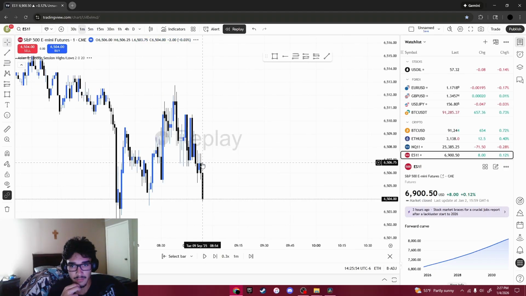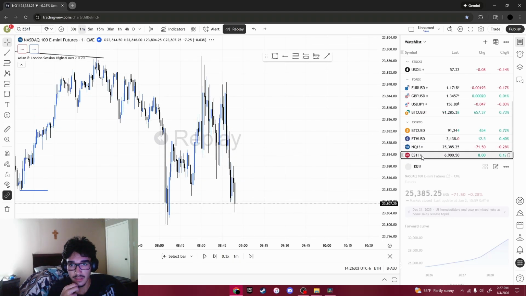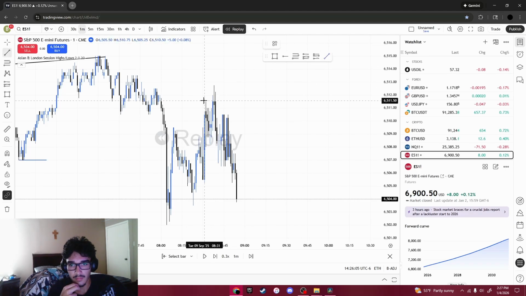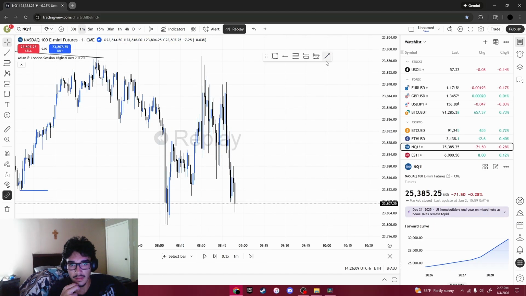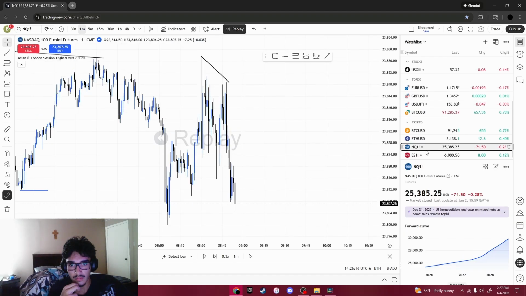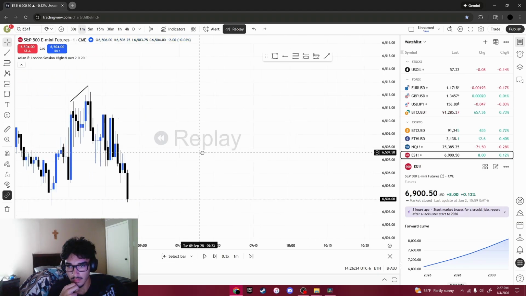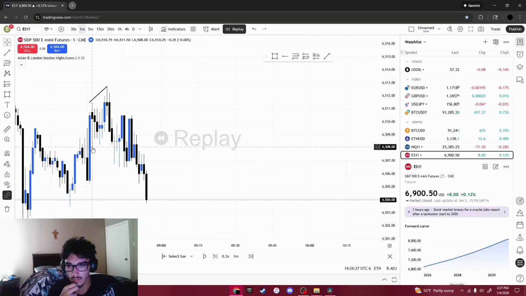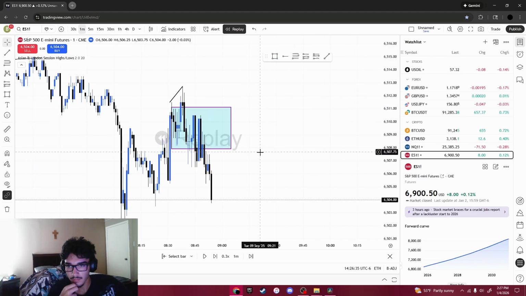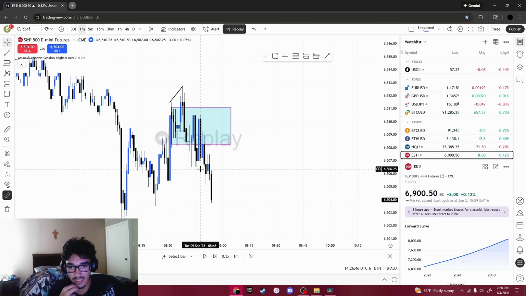Okay, big rally down. What do we have? Okay, we have a bearish SMT divergence. It took out the highs, made the SMT divergence, and it breaks right here.